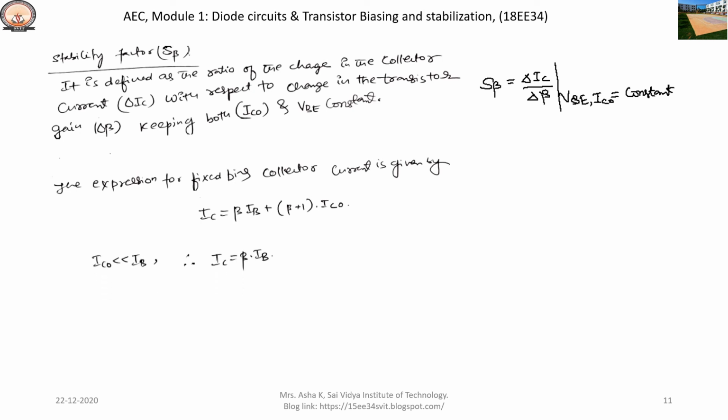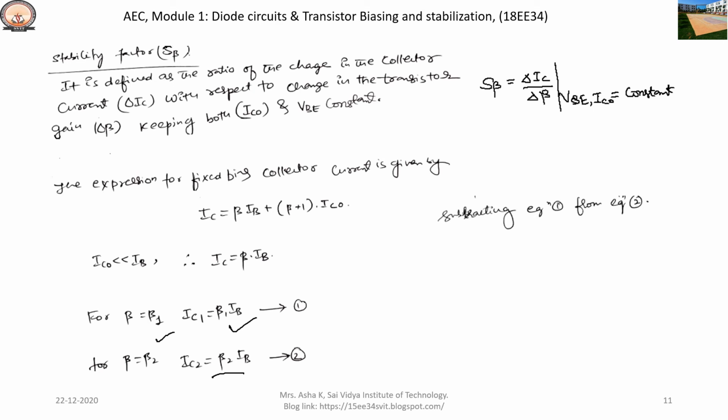If ICO is very small compared to the base current, then we can write IC is equal to beta times IB. Then substituting beta is equal to beta 1, we are going to get IC1 is equal to beta 1 into IB. Similarly, by substituting beta is equal to beta 2, we are going to get IC2 is equal to beta 2 into IB. Then subtracting equation 1 from equation 2 will give us IC2 minus IC1 is equal to beta 2 minus beta 1 into IB.